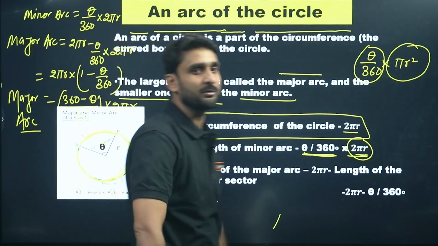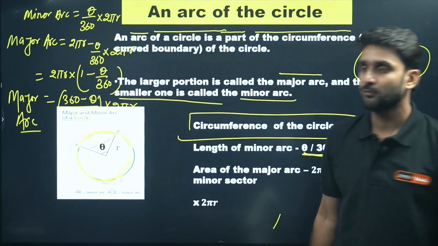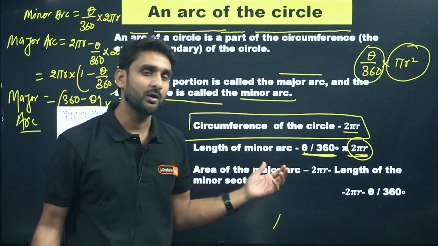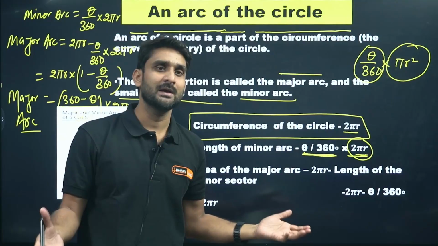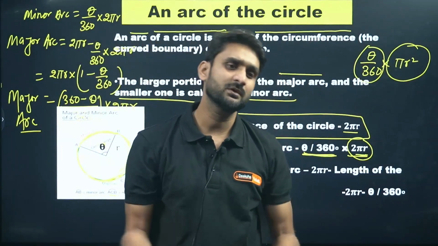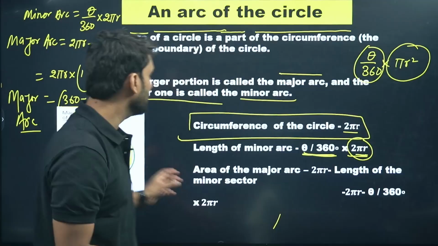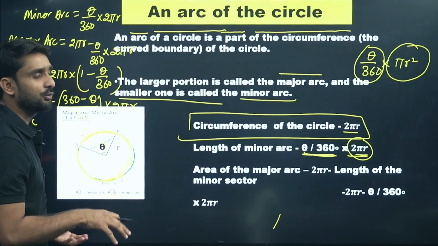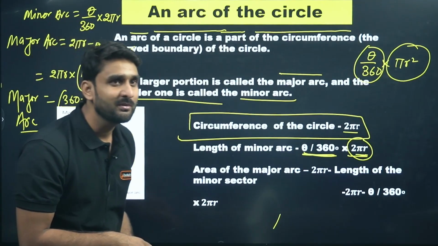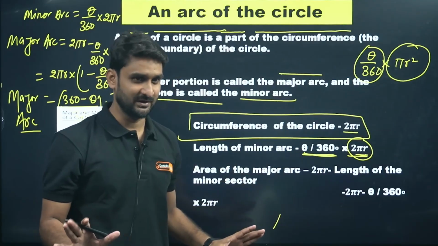This format is just similar to the area. What did we do to calculate the area of the major sector? Yes, we subtracted the area of the minor sector from the area of the complete circle. Similarly, to calculate the length of the major arc, we subtract the length of the minor arc from the total circumference of the circle, right?